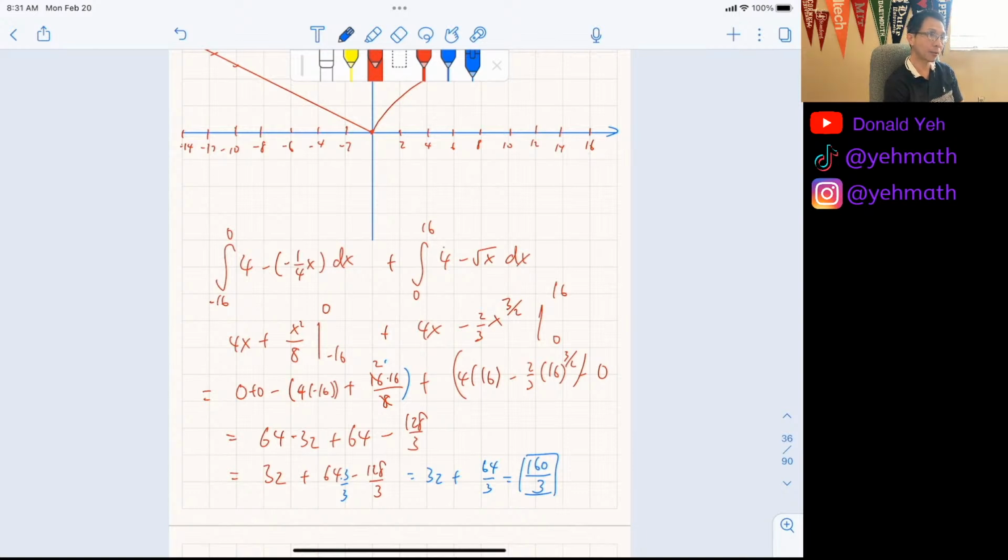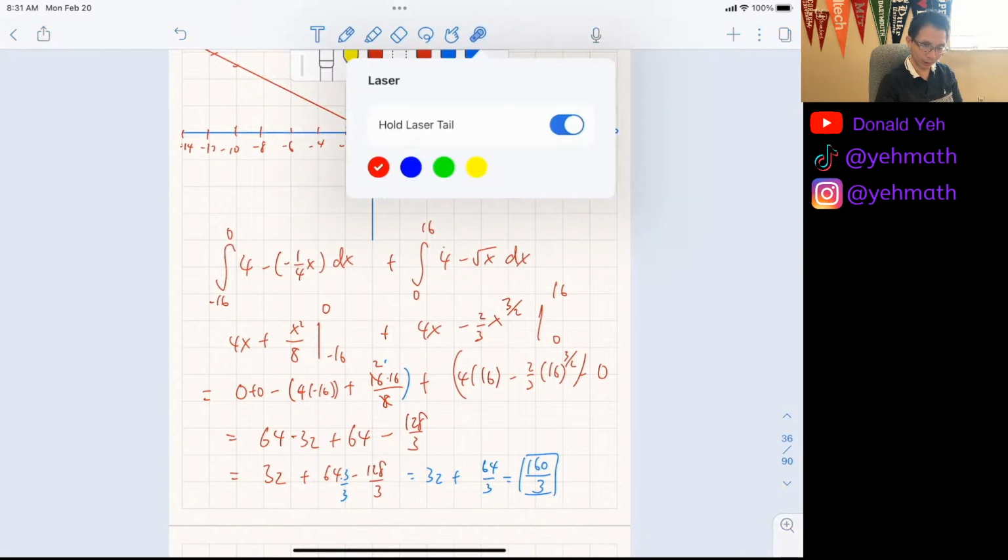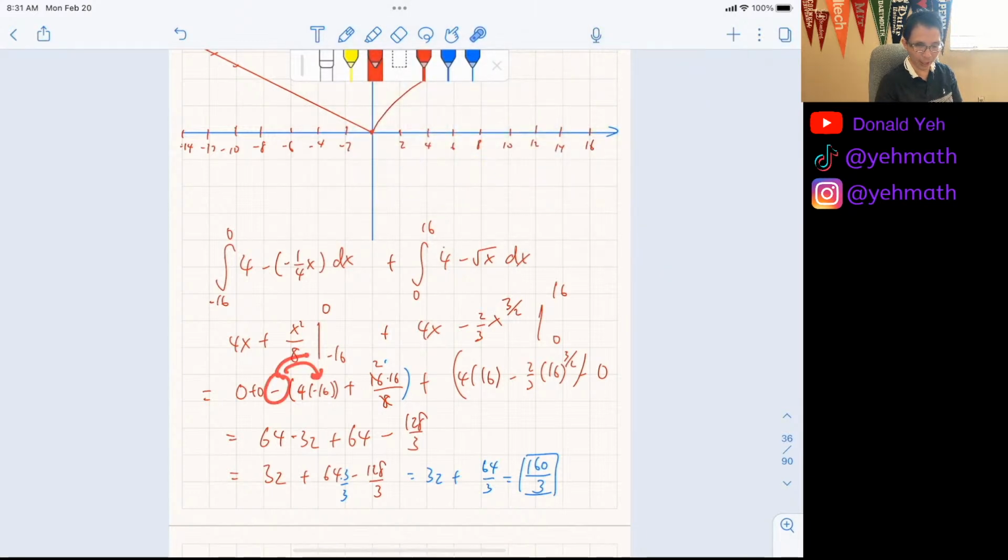Because the negative signs are distributing. No, dude, this negative sign distributed is one positive. This will become minus, so this is minus 32. Now, do you see how much work it takes to do this problem?